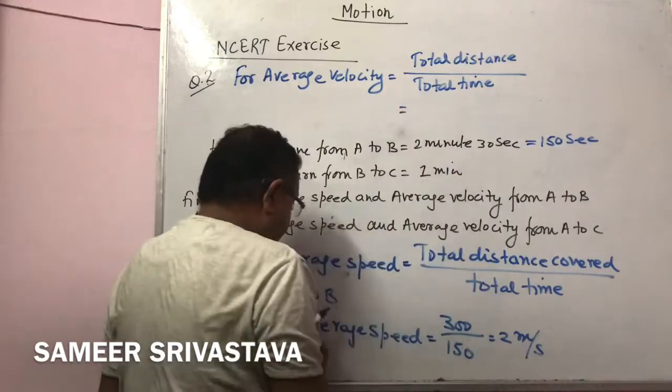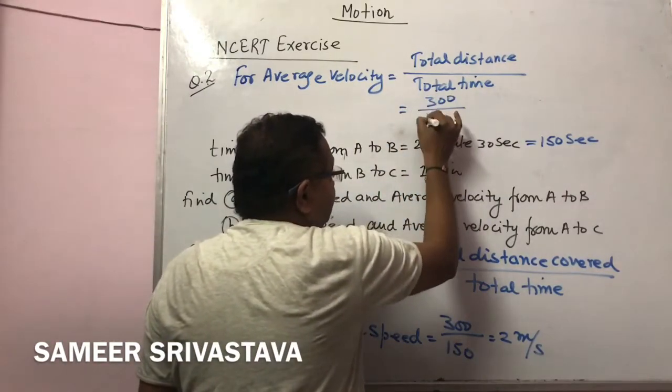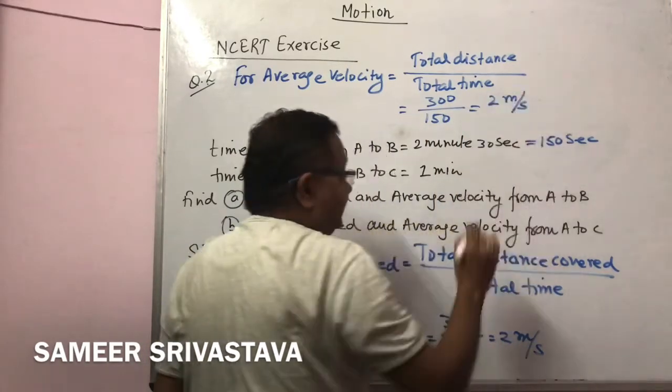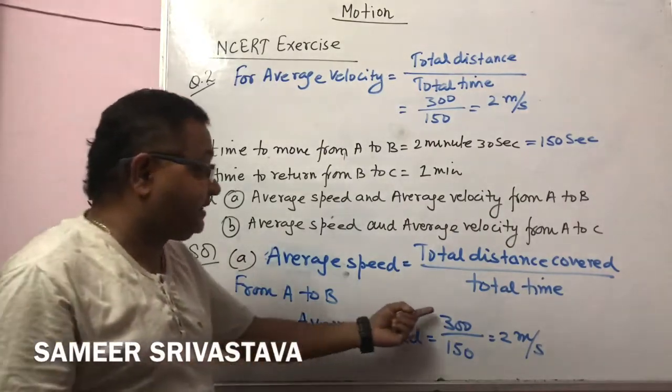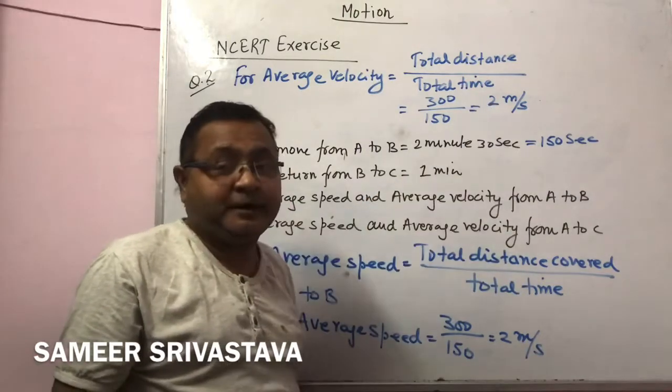From A to B the total distance will be 300 and total time 150 seconds. Again the answer is 2 meter per second. There is straight line motion from A to B, so the distance and displacement will be the same, and the answers for average speed and average velocity become the same.